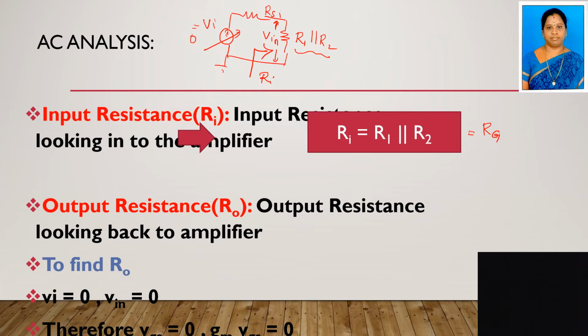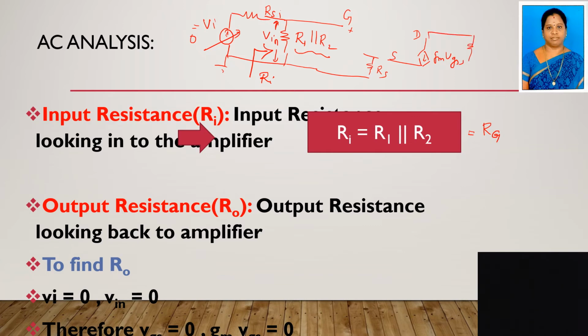Here we have the gate terminal, and here the source terminal, from which we have RS connected. VGS is the voltage between gate and source. If VGS is 0, then gm into VGS, the current source at the drain terminal, is also 0. So it is open circuited.